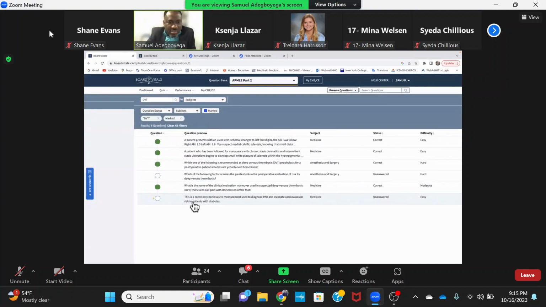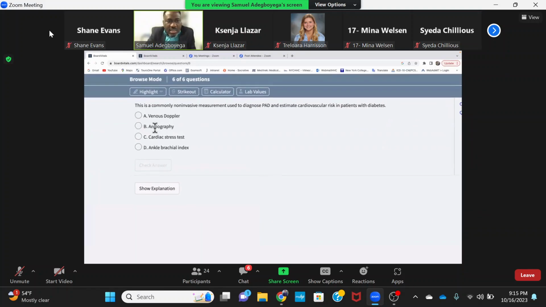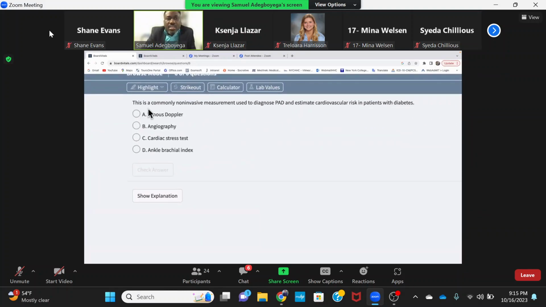Let's see this one. Make it bigger so you can see it. This is a commonly used non-invasive measurement to diagnose PAD and estimate cardiovascular risk in patients with diabetes.